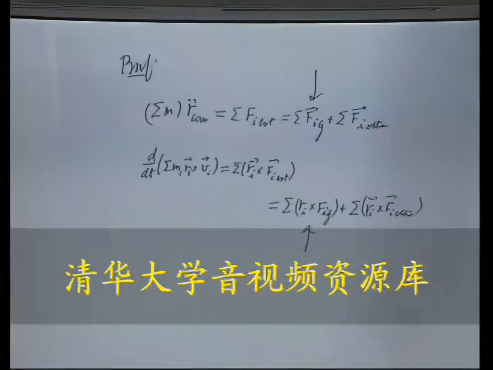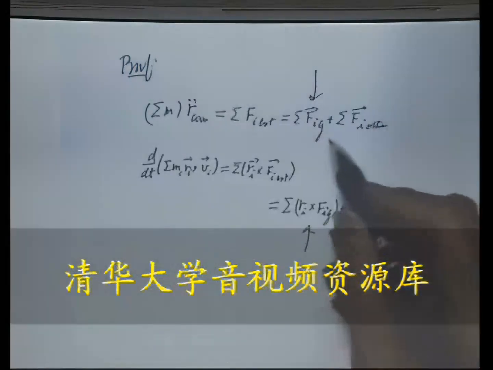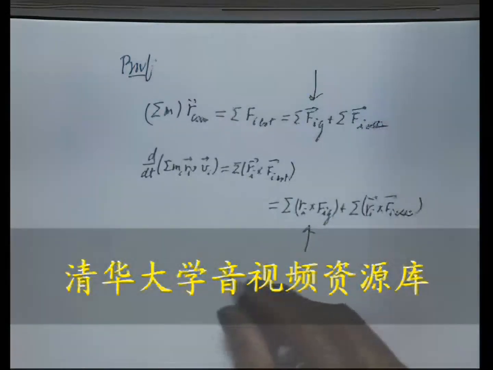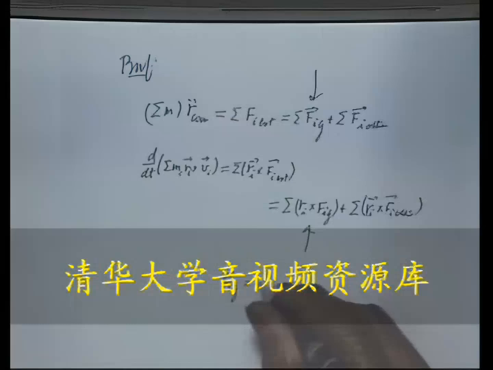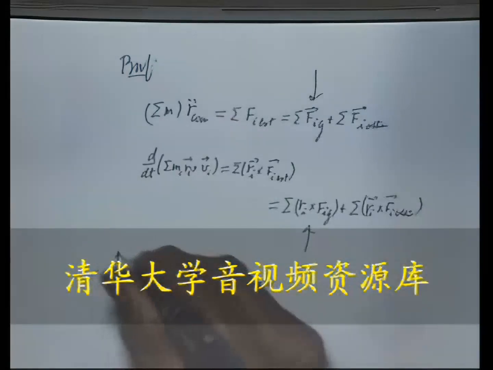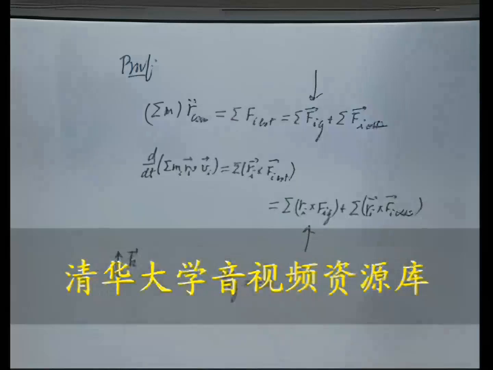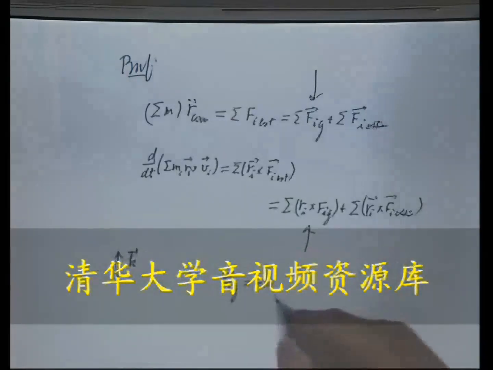What we now want to prove is that this gravitational effect is equivalent to the case where there's only one force acting on one point, the center of mass. But Fig, the gravitational force on the ith particle, is equal to minus, suppose k is the unit vector on the z-axis upwards, mi g times k.